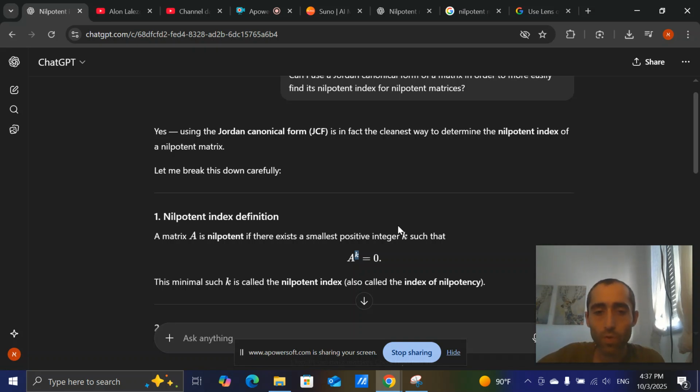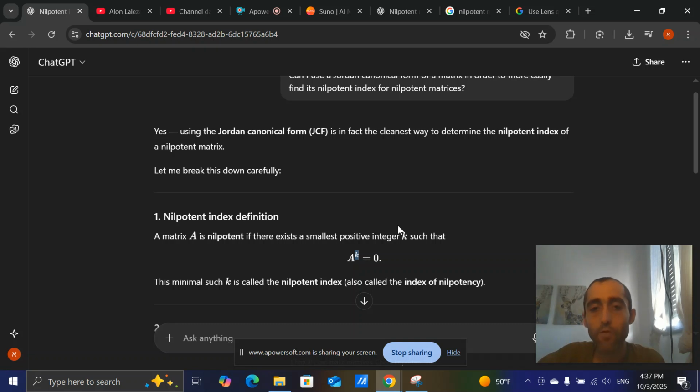Maybe I should also say that by the Cayley-Hamilton theorem, the characteristic polynomial of a matrix annihilates the matrix. So the characteristic polynomial of a nilpotent matrix is x to the power of the order of the matrix. So you know there is an upper bound on the nilpotent index, which is the power of the characteristic polynomial.